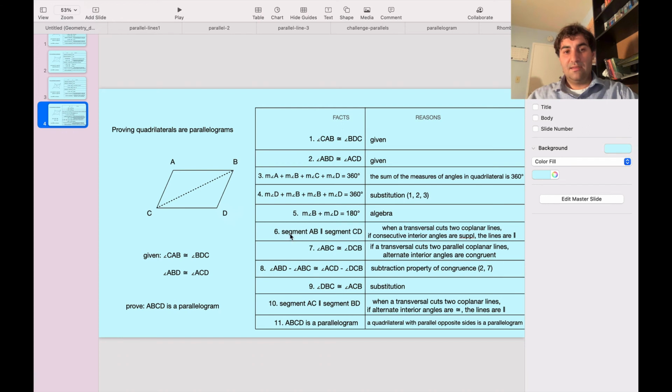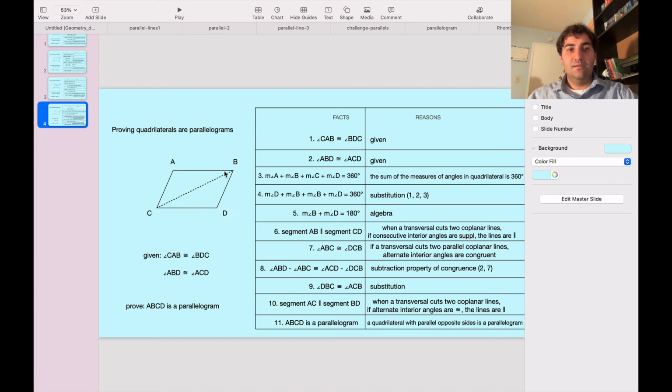So knowing this, I can say that segment AB is parallel to segment CD. When a transversal cuts two coplanar lines, if consecutive interior angles are supplementary, the lines are parallel. Please go over my video on alternate interior angles, where I kind of derived that.